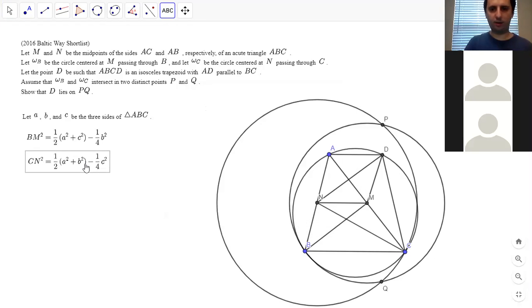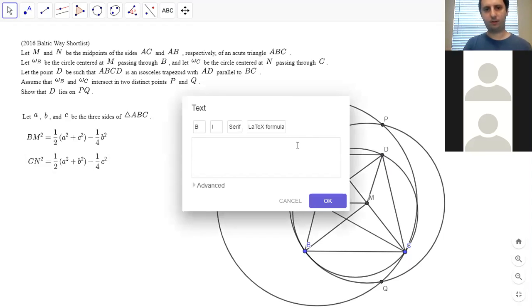Okay, so basically DM is a median of triangle ADC. So we have DM squared is equal to half of AD squared plus, so CD is equal to AB, right?